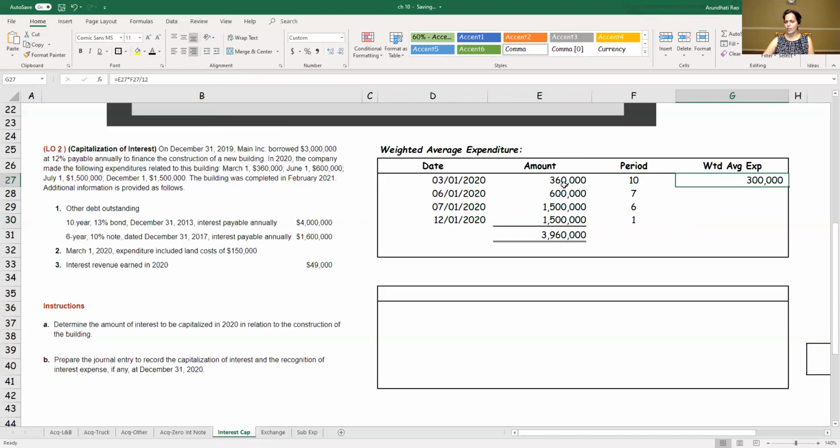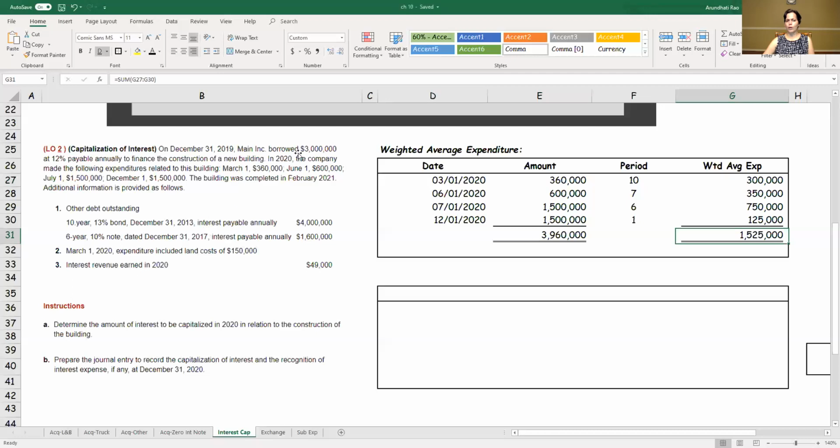That is 360 times 10 over 12. Similarly, 600,000 times 7 over 12 is going to give me 350,000. I do a similar calculation for the next two, and I come up with a weighted average expenditure of $1,525,000. This is the weighted average expenditure.